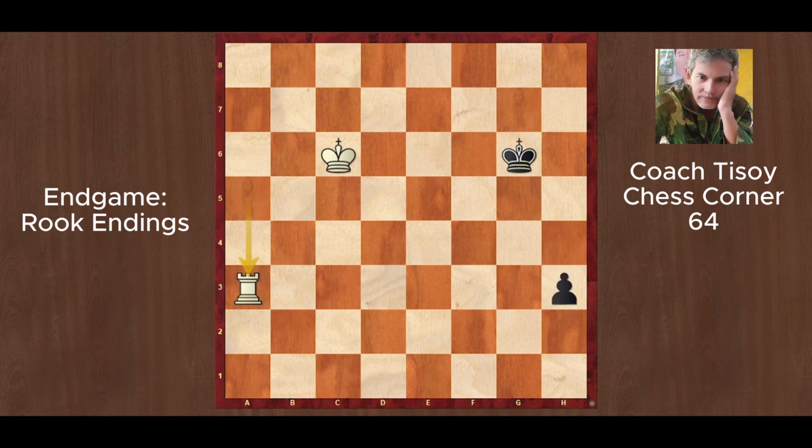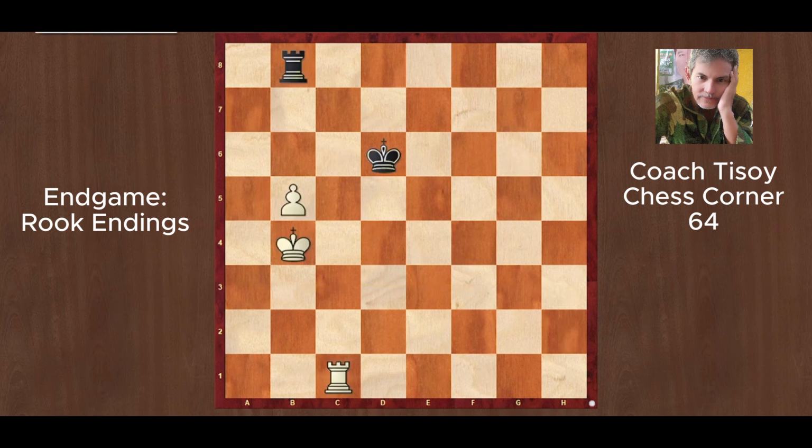Only now, since black cannot come to rescue the edge pawn. Now we see the point and importance of cutting the king off on the file. Let us look at another example.